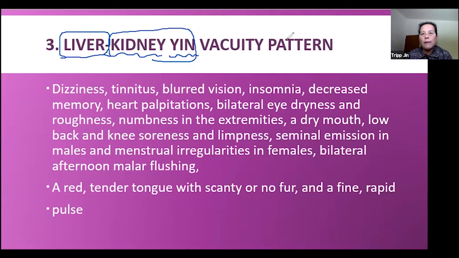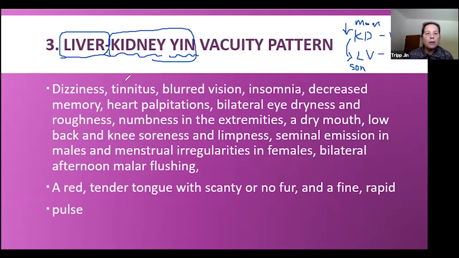When we're talking about five elements, kidney is the water, the water organ. And the liver is the wood. So kidney is the mom of the liver. So when mom has a deficiency, the son will have a deficiency also. So that's the relationship.